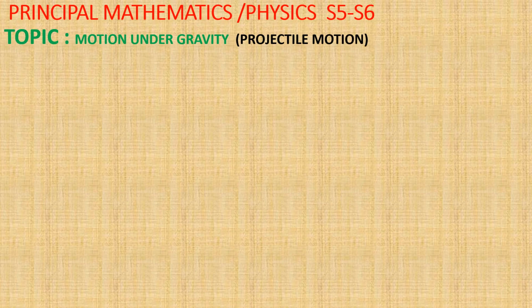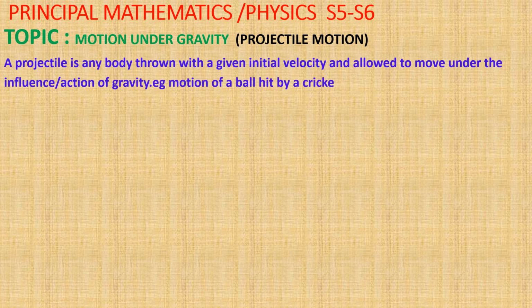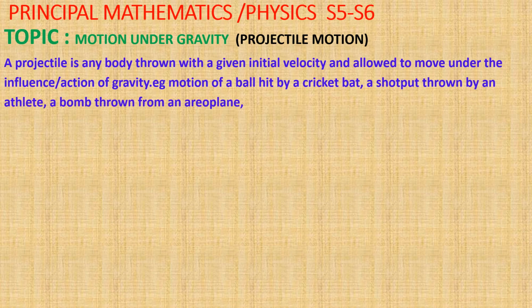So we shall start with a definition of a projectile, which is none other than a situation where a body is thrown with a given velocity, which is actually the initial velocity, and allowed to move under the influence or the action of gravity. For example, when a ball is set into motion, and for this particular case, we can highlight an example of a ball hit by a cricket bat.